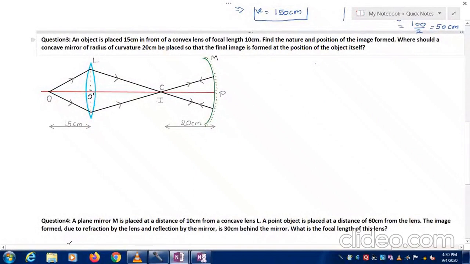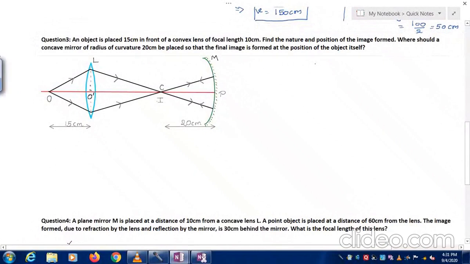Now find the nature and position of the image formed. Where should a concave mirror of radius of curvature 20 centimeter be placed so that the final image is formed at the position of the object itself?